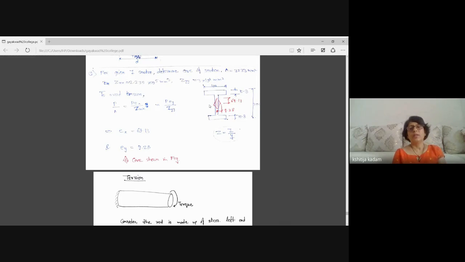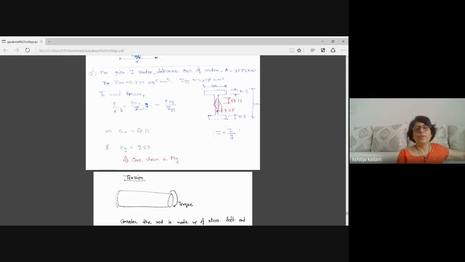In this question, there is an I section of column and the area, moment of inertia, everything is given. We have to find out what is the core or kernel of the section where I can apply force to keep the entire column in compression.